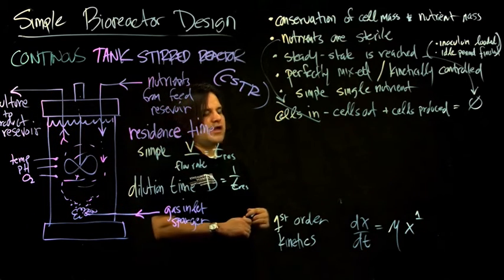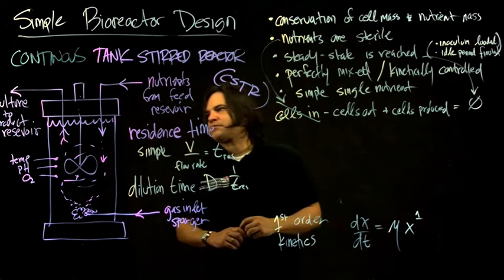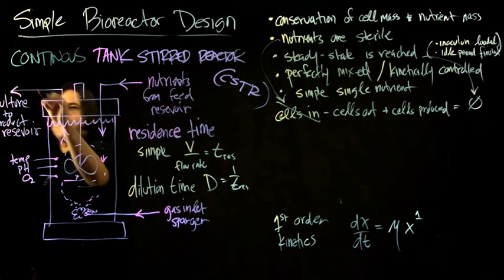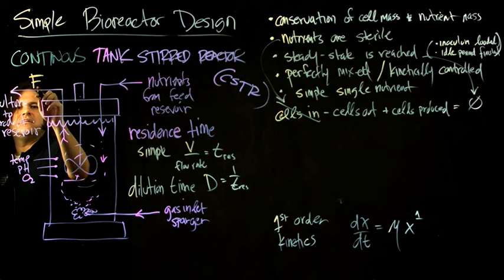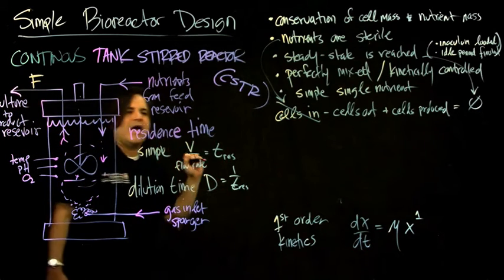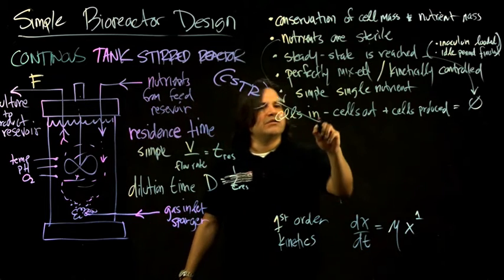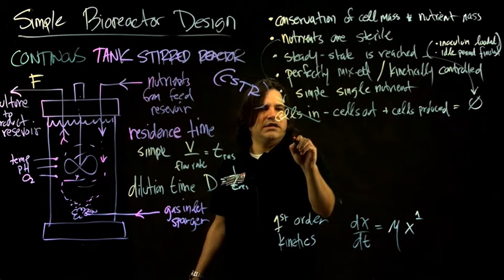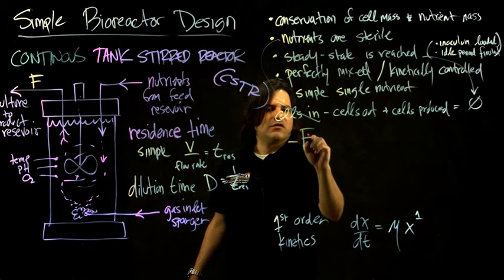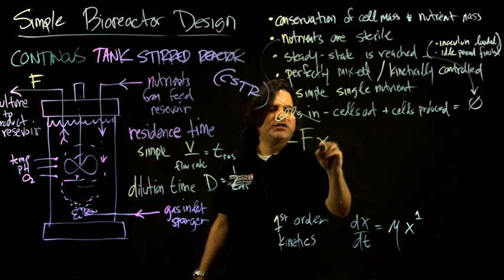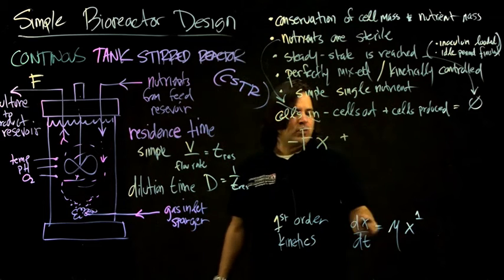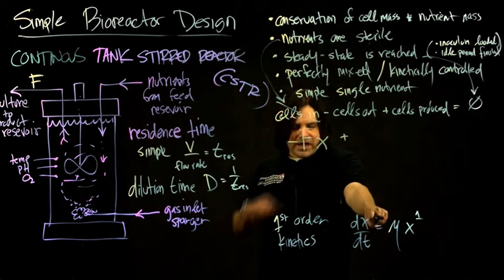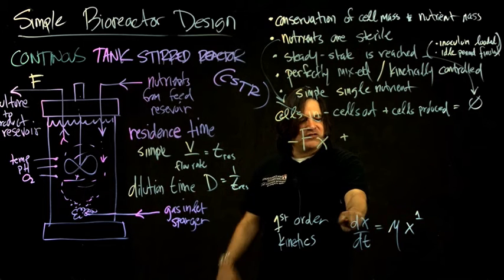So if we were to draw that out, let's call this F here. There's a flow rate F coming out, and that has a concentration. So the cells coming out is the flow rate of the mixture times the concentration of the cells coming out, plus the rate that are produced. That is given by these first order kinetics.